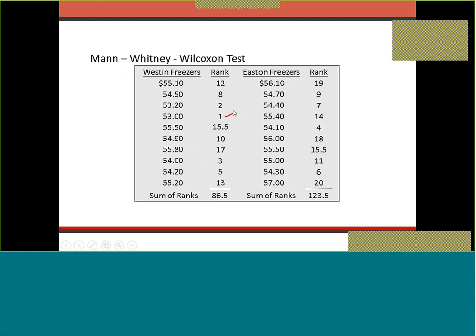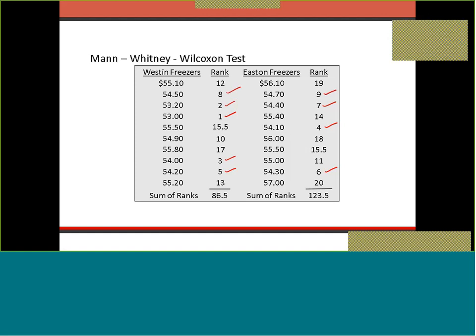Then the next is 53.20, then third, 54. Then fourth is in the second sample, 54.10. Then fifth, 54.20. Then sixth, 54.30. Then seventh, 54.40. Then eighth, 54.50. Then ninth is 54.70.